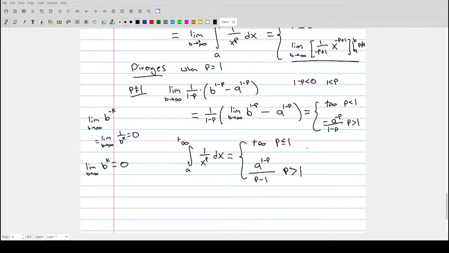And p here can be any positive real value. So we figured out all the values of p for which the function 1 over x to the p converges. We're going to see that this is a very important example in terms of applying the comparison tests that we'll talk about later in the lecture.